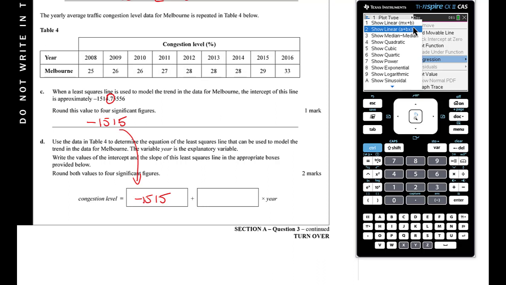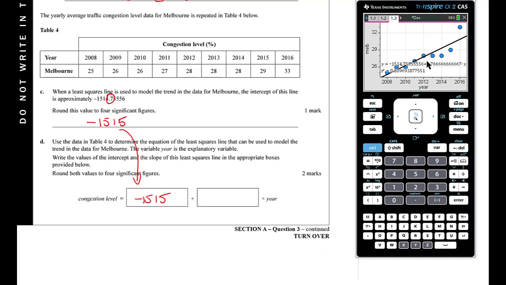Because that's the formulation we use in VCE further maths. So click on there, and we can bring an equation up so we can see it. So again, that minus 1515 still stays. Now, in this case, after that, I've got 0.766. Now, it goes 66 forever.